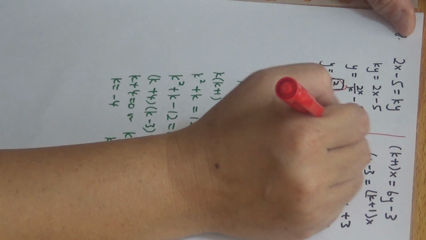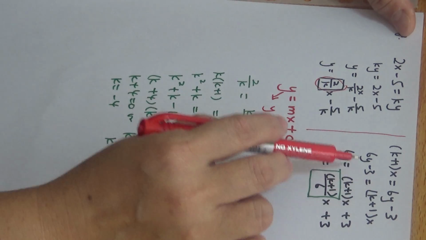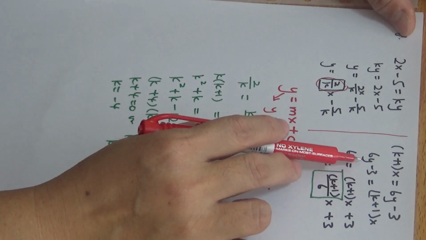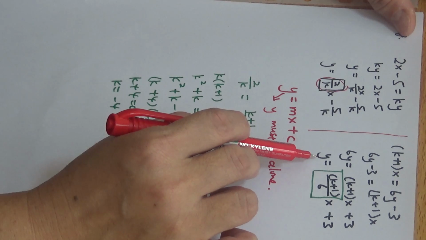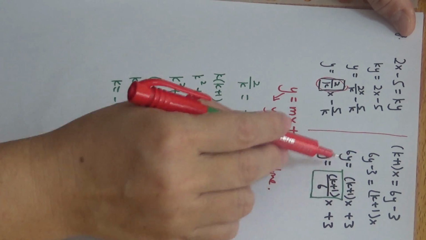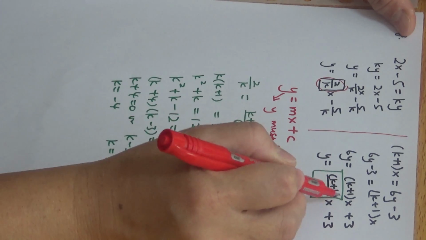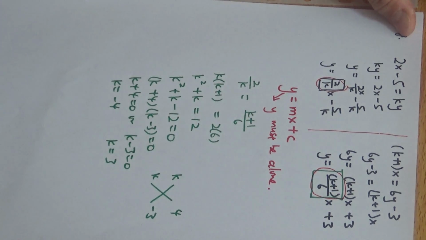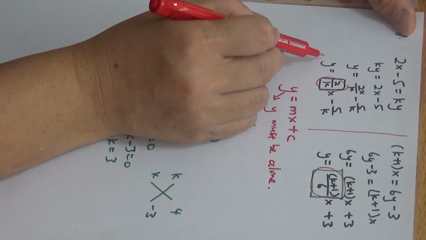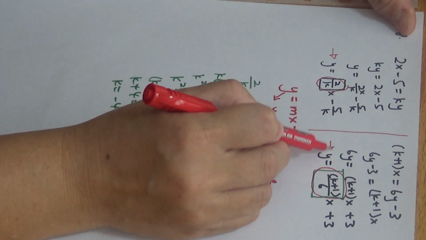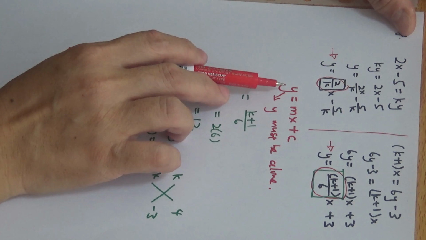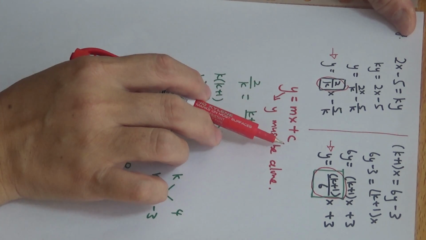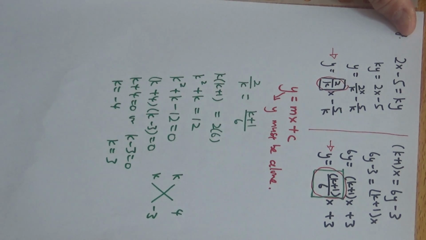Now for the other equation, I'm going to do the same thing. I'm going to make y the subject, that means y is alone on the left side. After I manipulated, that means I did some working, my gradient is actually this. So I've already written both equations in the form y equals mx plus c. Now, the question says that the two lines have the same gradient.